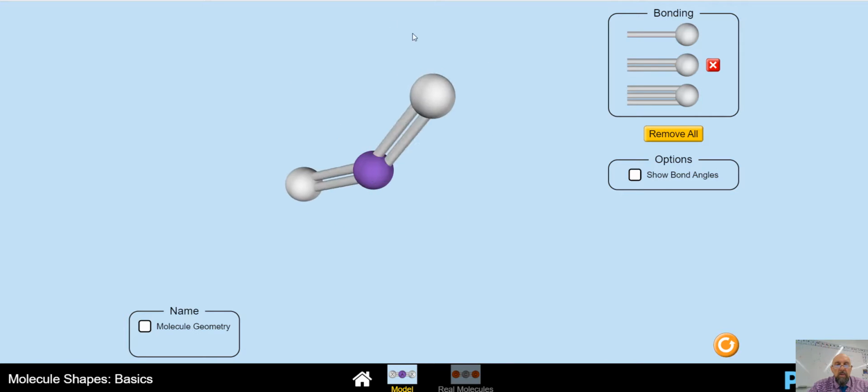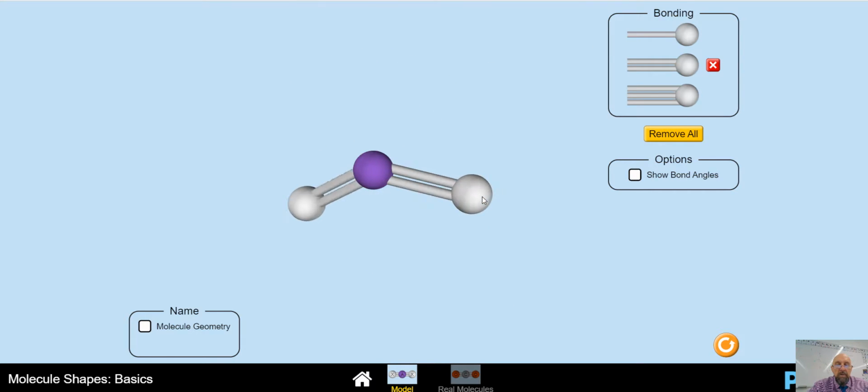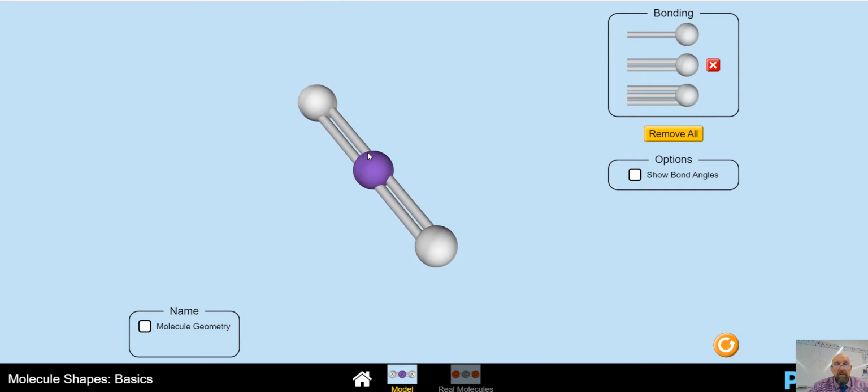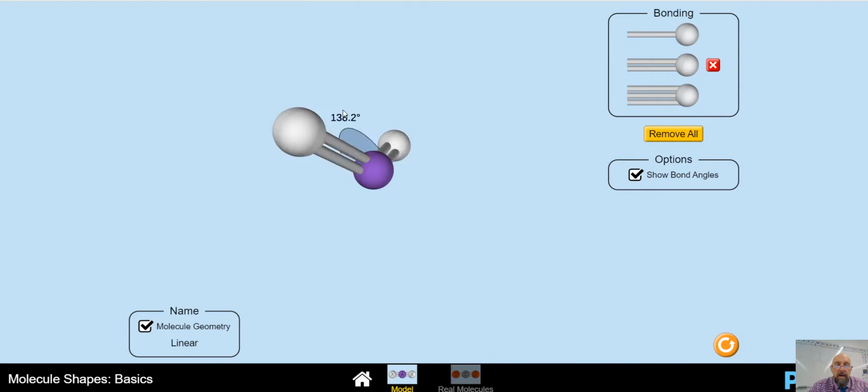So it's the same as what we had with the single bonds before. If I keep twisting that, valence shell electron pair repulsion says the bond angle will be, have a guess, 180, good, and the geometry will be linear, excellent. It doesn't matter how far we twist it, it's going to keep going back to that.